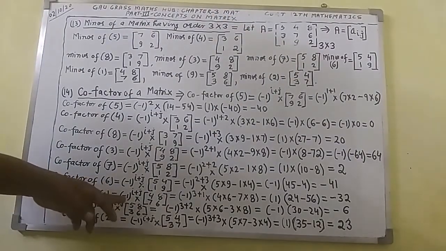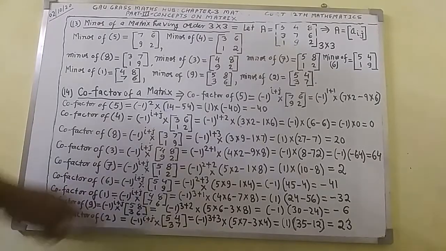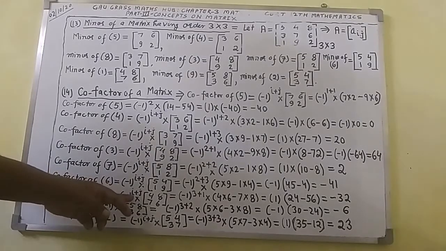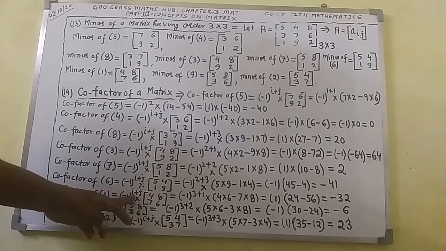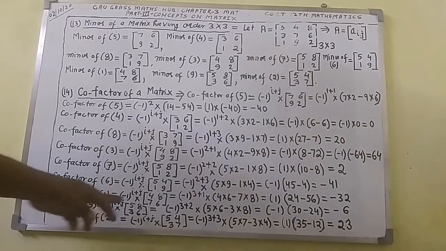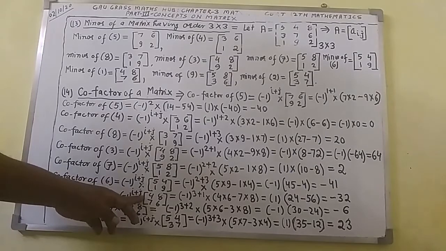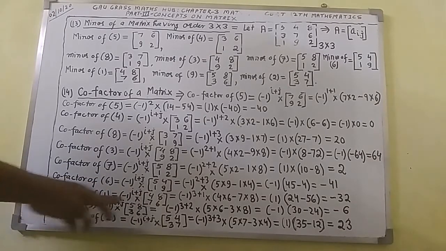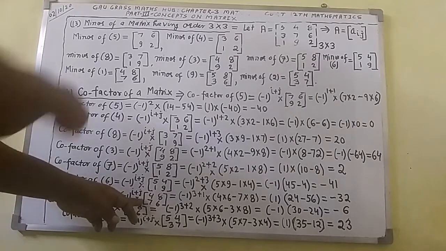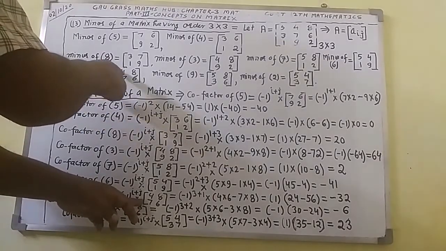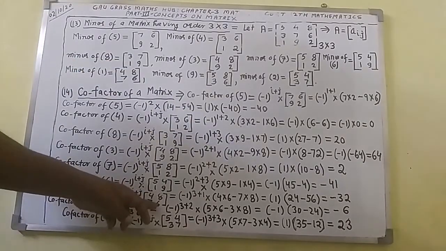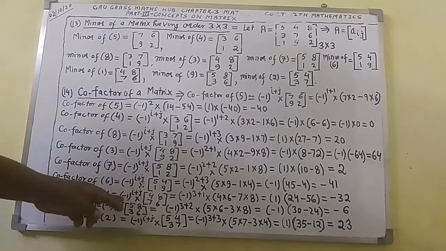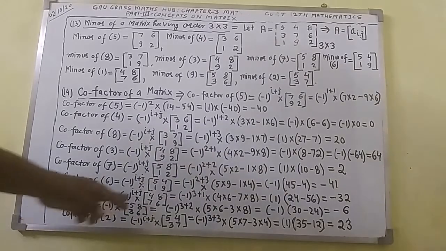Minus 1, a fixed constant, raised to the power small i, the row position of element 1, plus j, the column position of element 1, into the minor of element 1. The minor of element 1 is 4876.